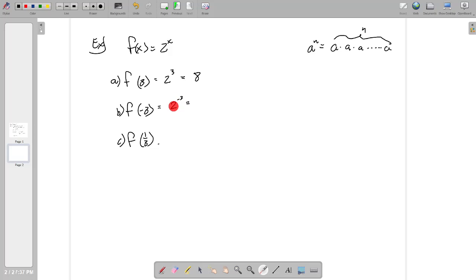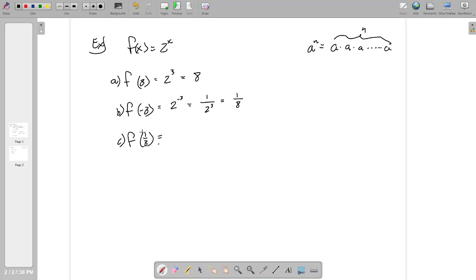If this was, say, in the denominator, then this entire term would move to the numerator because we have a negative exponent. So this being in the numerator already, being divided by 1 like this, then we would have 1 divided by 2 to the third power, which, as we saw above, 2 to the third power is 8, so we end up with 1/8. So notice that if we have a negative exponent, we end up with a fraction like this. That is, if 2 is a whole number that's bigger than 1.